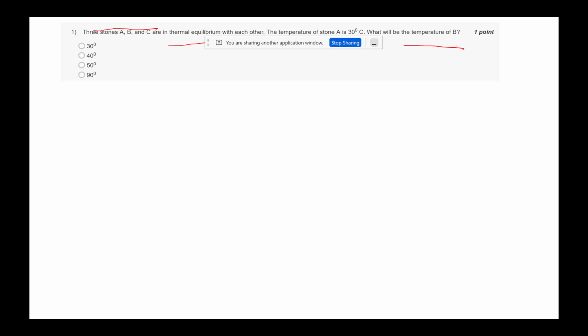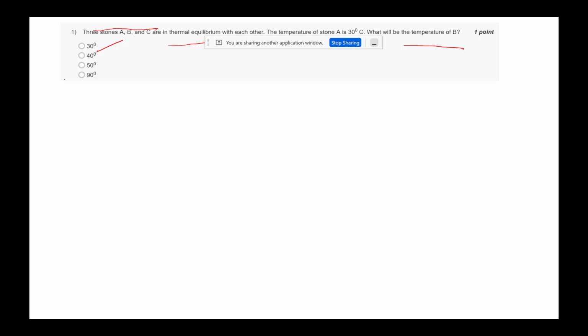But since you have said that we want to explore more, can you tell me, Tathagata, what are the basic laws that support this answer, 30 degrees centigrade? Yeah, great. Zeroth law of thermodynamics. So we will first explore what the Zeroth law of thermodynamics is.